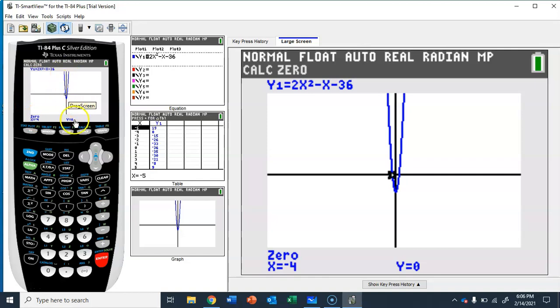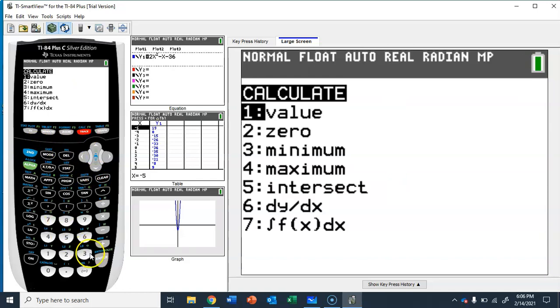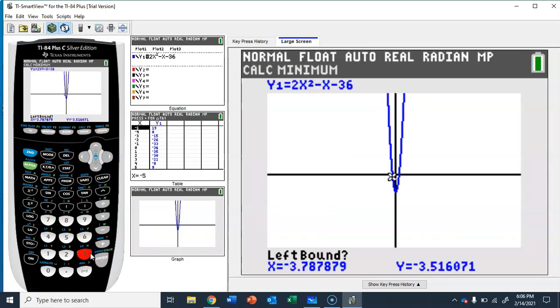And again, what is the minimum? So you'll hit clear, second trace, option 3, and I got to do the same thing, left bound, right bound, and then my guess for the vertex, about right there, and there's the answer. The minimum is at 0.25, comma, 36.125.